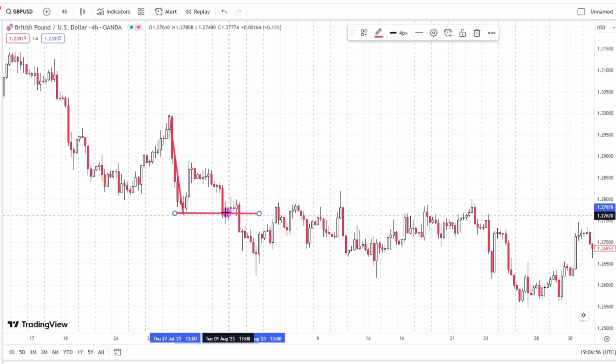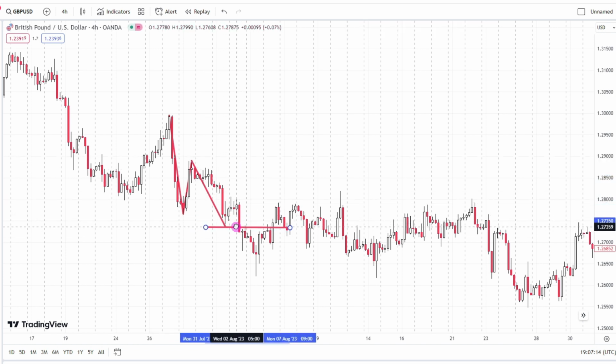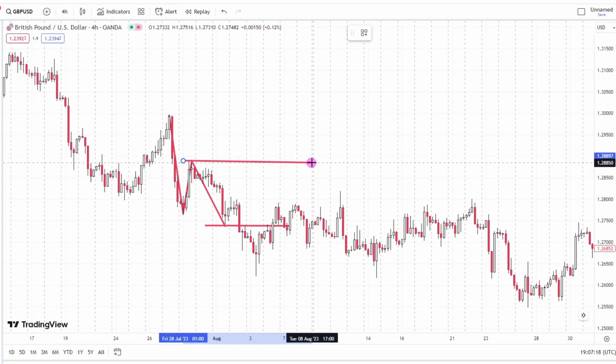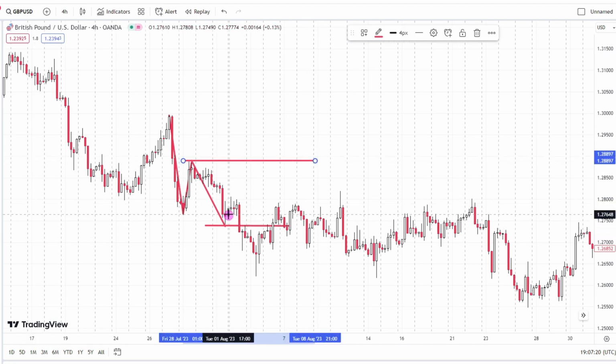When the market breaks and closes the resistance line, we can mark our lower high point. After breaking and closing, when the market prints two consecutive buy candles in retracement, we can mark our lower low point. After marking the lower low point, this is our last resistance, and this is our last support in structure at this point.